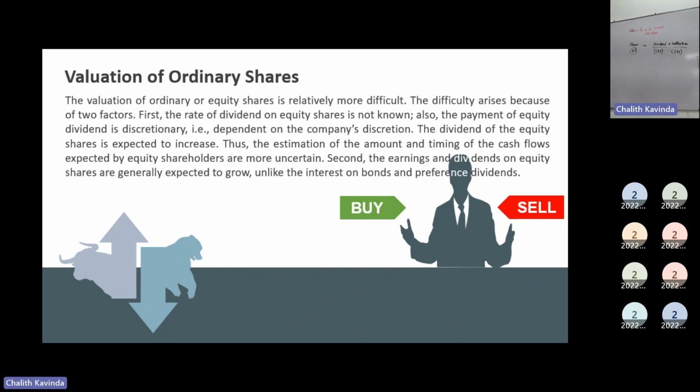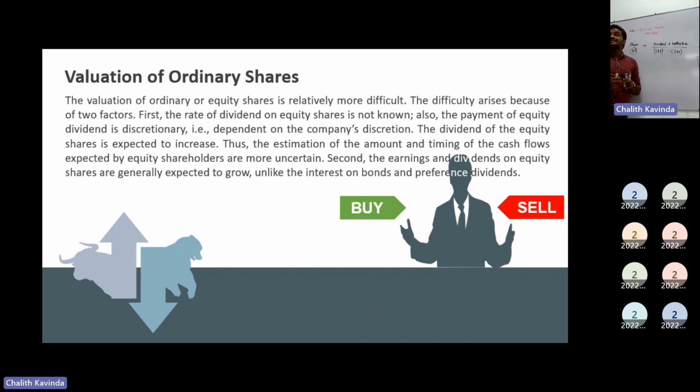But when it comes to shares, is it guaranteed? Nobody says that you are going to get the dividend. And what is the rate? When you are going to pay it, will it change or not? And the selling price is your duty. So for debentures, all the future cash flows are known or could be predicted. But for shares, it's very difficult to predict. We have models, but it's very difficult.